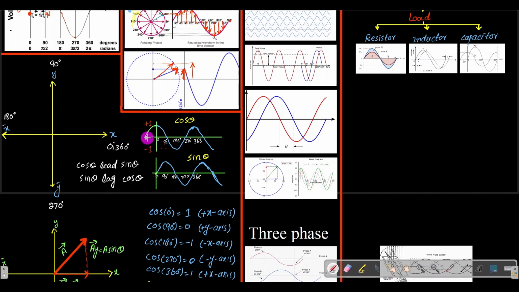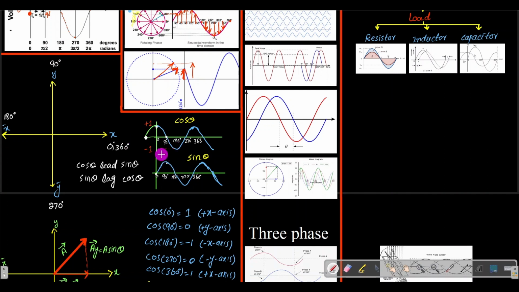So when this cos theta is in 0, let's say here, when it is in maximum, then this sine theta is in 0 position, okay. So if this cos theta is 0, then the sine becomes maximum, and when that is maximum, this becomes 0, okay.